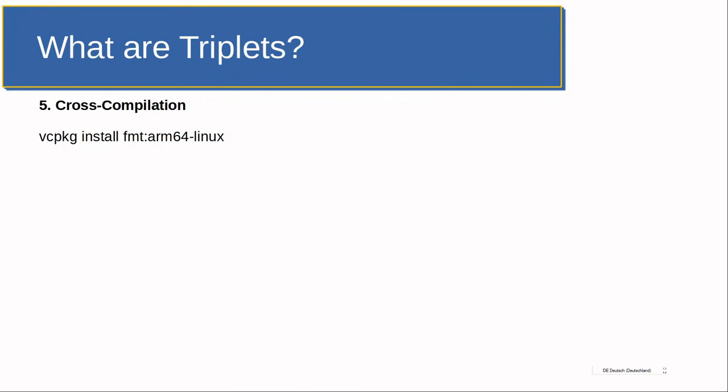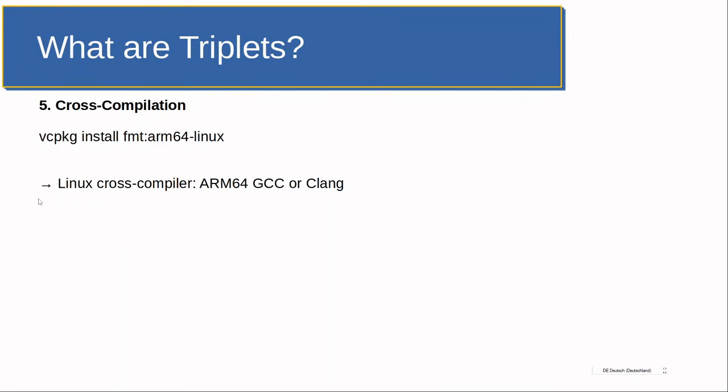However, it's important to understand that a triplet does not provide a compiler. A triplet tells vcpkg what to build, but you must already have an appropriate compiler toolchain capable of producing binaries for the target platform. So this command line would not work if you don't have a cross compiler for Linux ARM64 on your Windows machine.